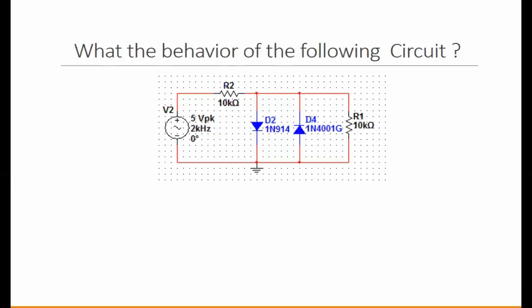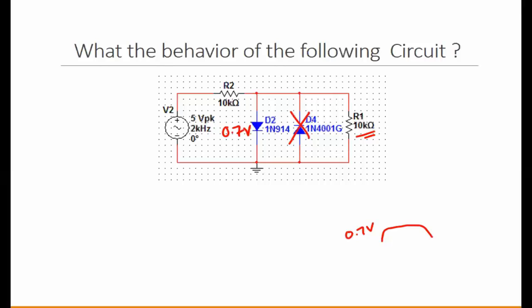So D4 will be open. If D4 will be gone and you have only D2, and D2 has 0.7, what would be the voltage on R1? 0.7, since D2 appears to be parallel to R1, so you will see that positive 0.7 right here.